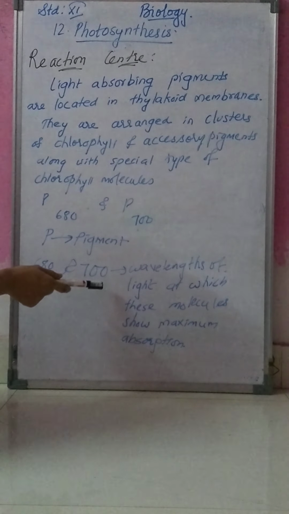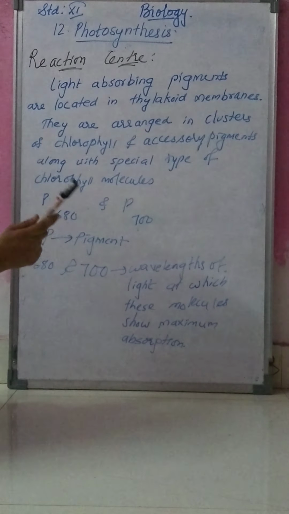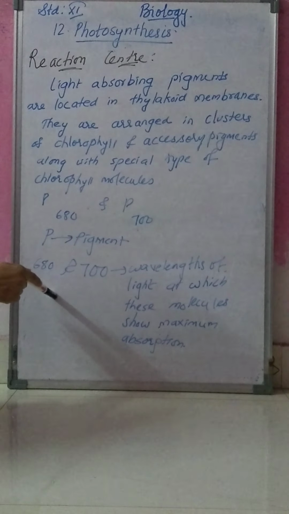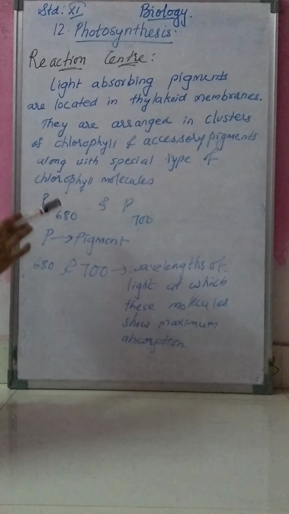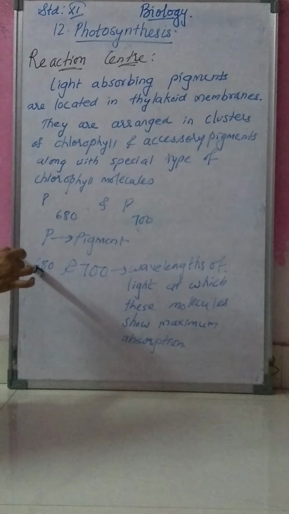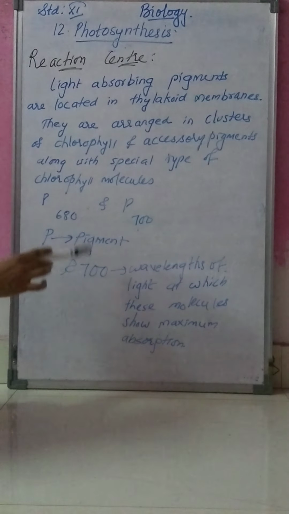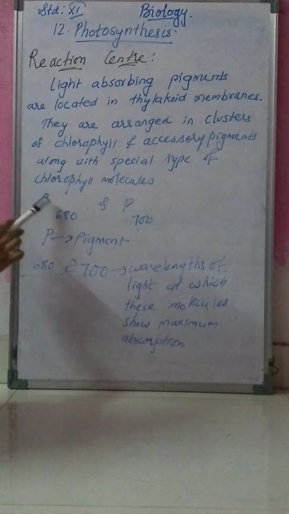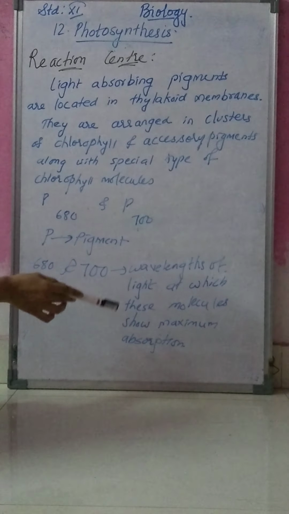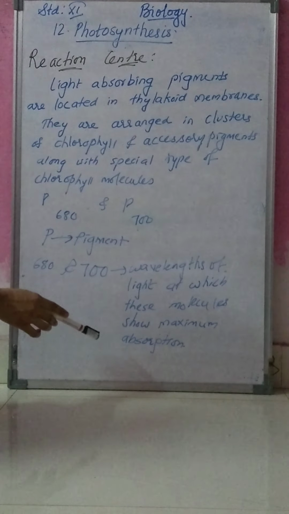And 680 and 700 are wavelengths of light. We have already studied wavelengths of light. These are the wavelengths at which these molecules show maximum absorption.